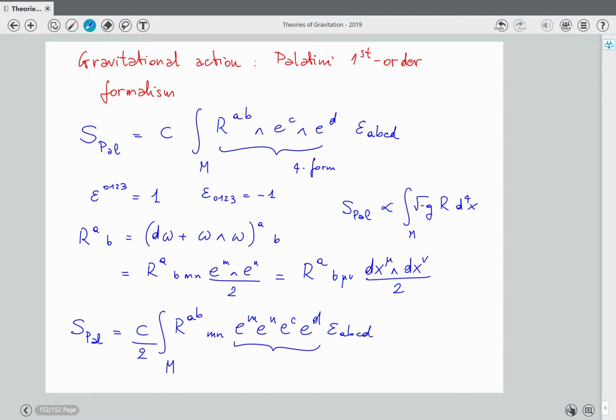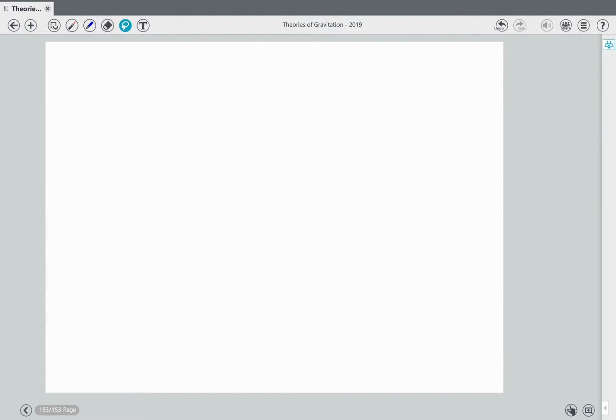Now, this object is a four form. They are forms, so they are completely anti-symmetric when you exchange any of the two. So this object must be completely anti-symmetric in m, n, C, and D. So let's isolate this and write it in a more convenient way.